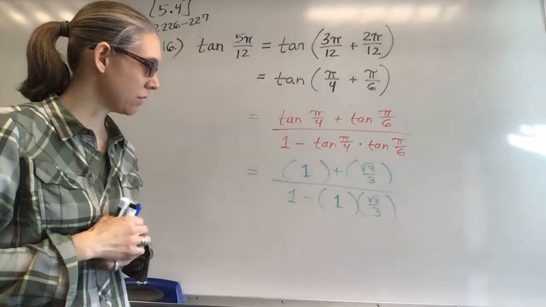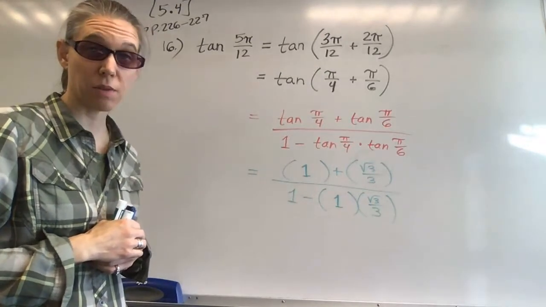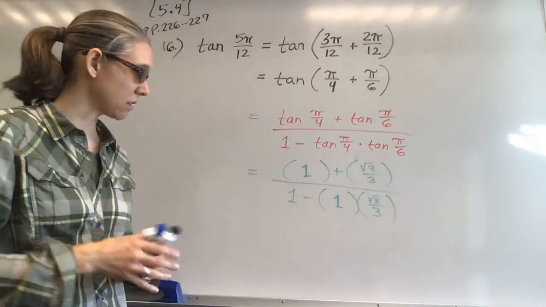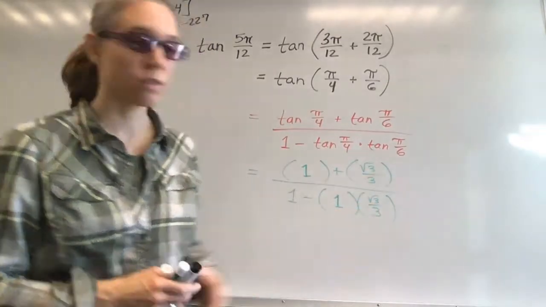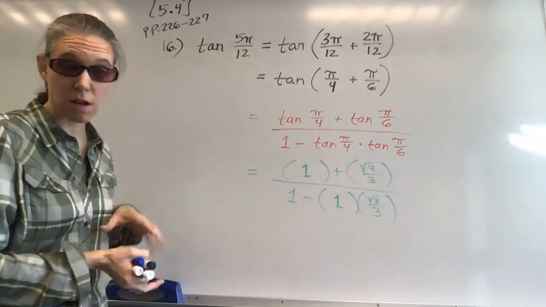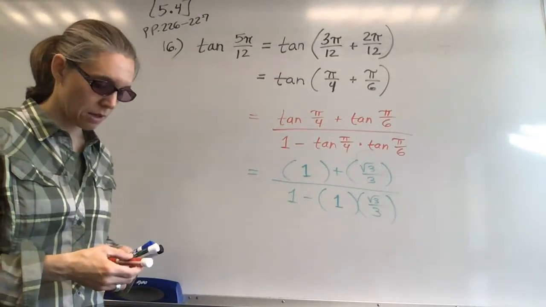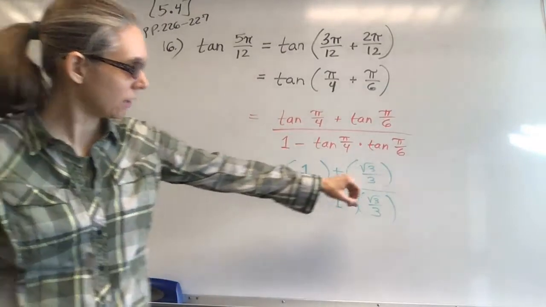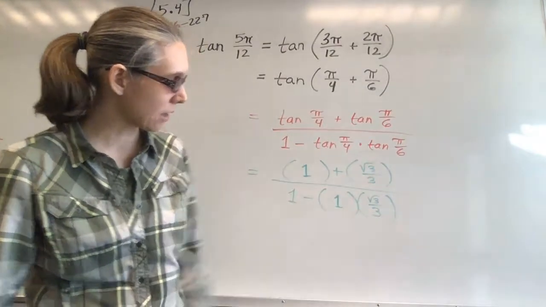So now we need to do something to simplify this complex fraction. What I like to do with complex fractions is clear the little denominators. And so I multiply the big numerator and the big denominator by the LCD of all the little denominators. We only have one little denominator number, and that's 3.